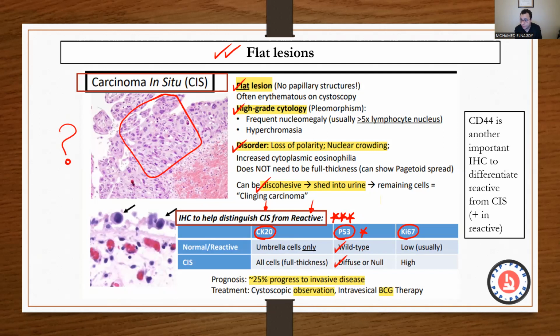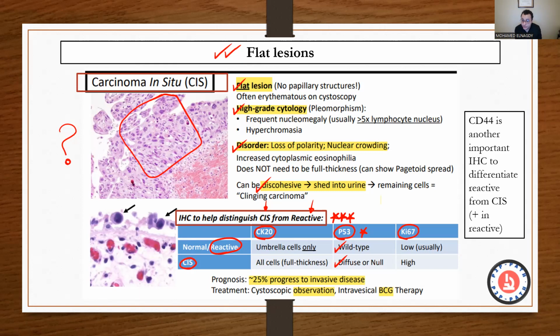The mutant pattern is either no staining at all, which is called the null type, or diffuse strong positivity to the point that all the cells take up the stain. This is the mutant pattern, a kind of carcinoma pathway, so it's more towards CIS rather than being reactive. So P53 is very important.